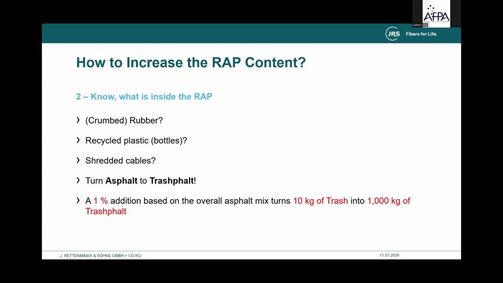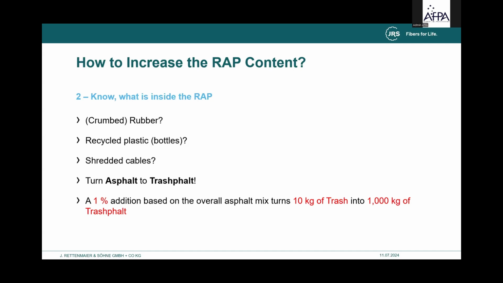For the time being, we are ignoring the mineral aggregate, and looking at additives or what can be inside. So crumb rubber, is it eventually recycled plastic, or is it shredded cables? We in JRS have a very clear thinking about these three additives.